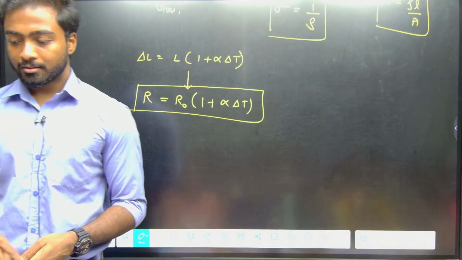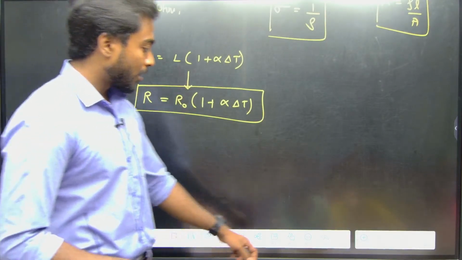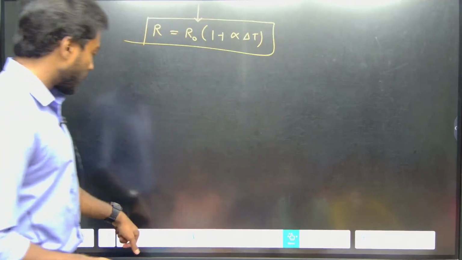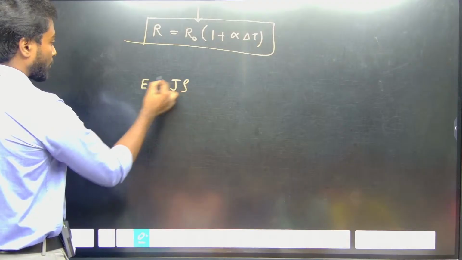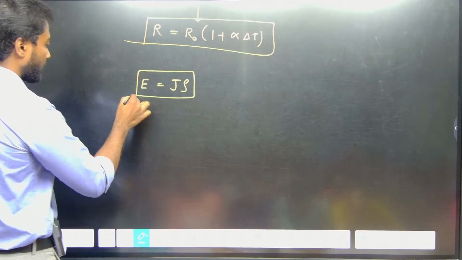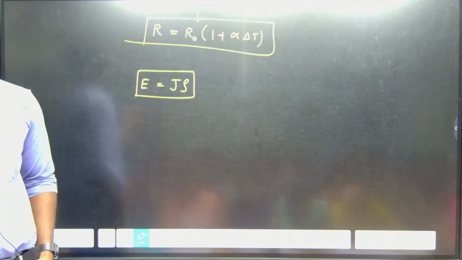And the formula is E is equal to J times rho. What is J? Current density, I by A. What is rho? Resistivity.